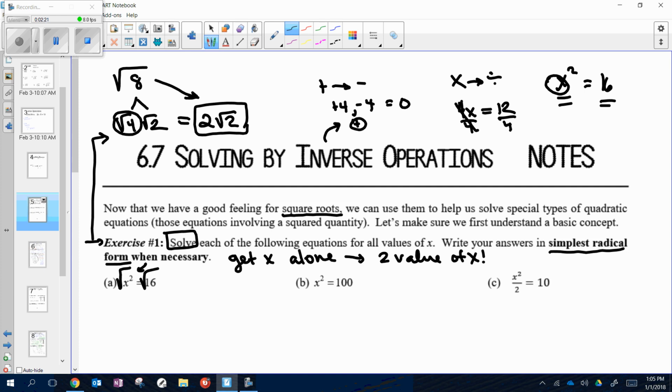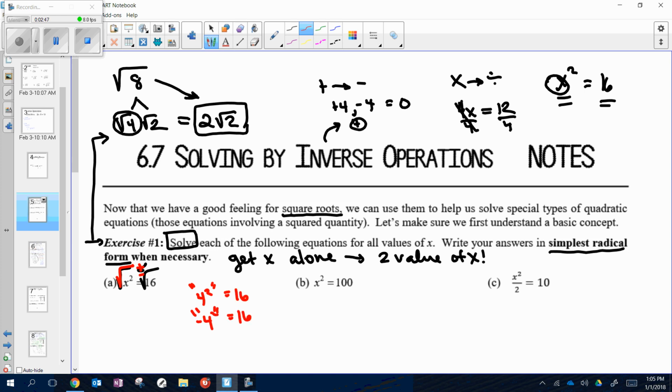And I always sing a little song to remind me that when I take a square root, I've got to put a plus or minus. So as soon as you take the square root of something, put a plus or minus in front of it. Because the number that was being squared could have been a 4, or it could have been a negative 4 to make a 16.